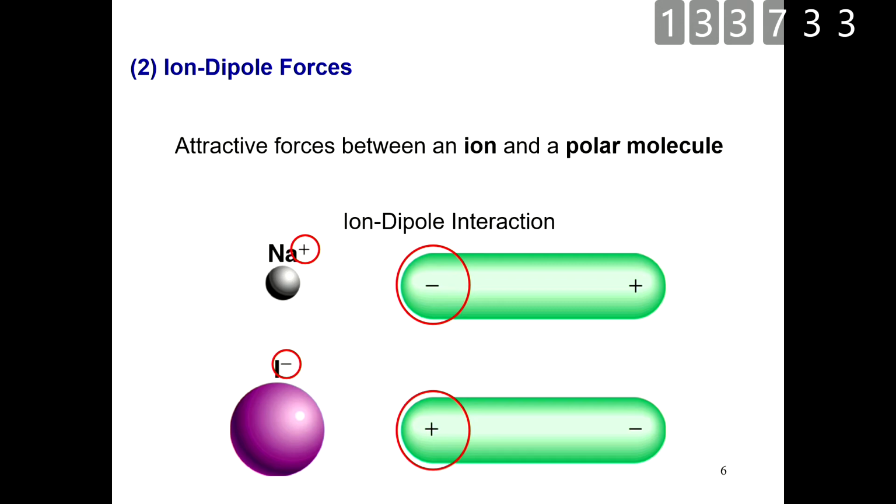And if this is an anion, this side is carbon. So between the anion and the carbon, they will form the ion-dipole forces. So this is the second one. Between the ion and the polar molecule, they will form ion-dipole forces. Any question for this?